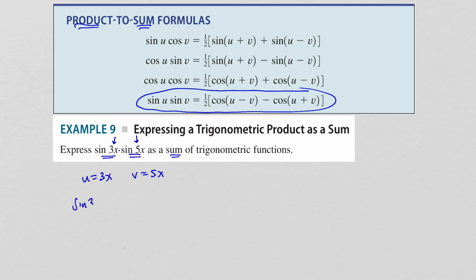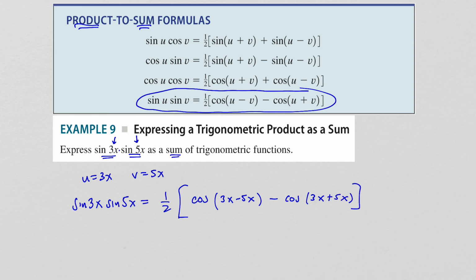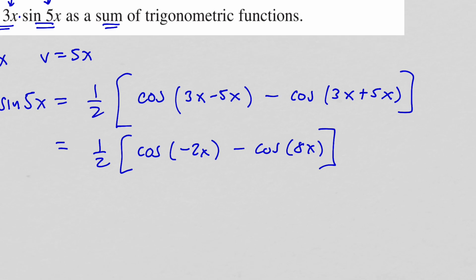So the sine of 3x, sine of 5x, according to this formula, is 1/2 times the quantity, cosine of 3x minus 5x, minus cosine of 3x plus 5x. Now we just need to do a little simplifying here. So we have 1/2 cosine of negative 2x minus cosine of 8x. Now, one final thing we can do here is just recall that cosine is an even function.